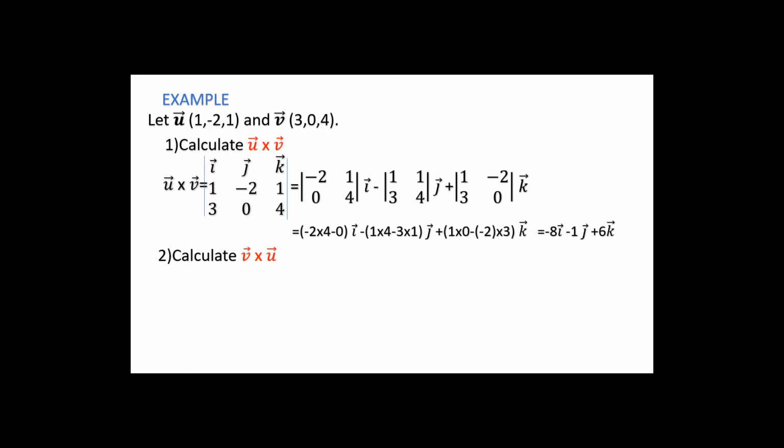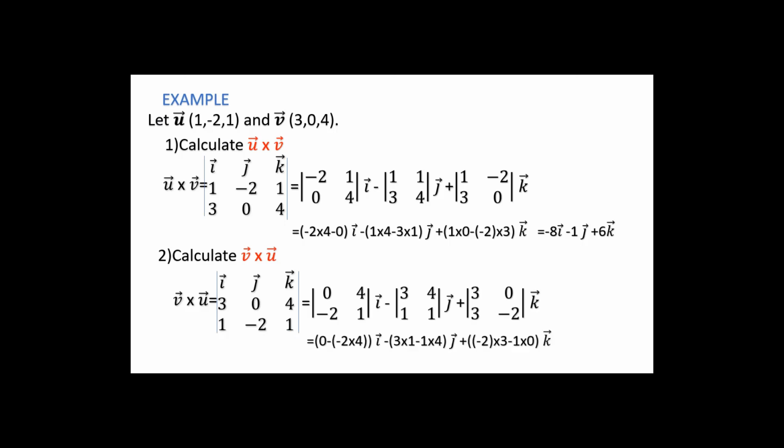Calculate v cross u. So v cross u equals the determinant with vector v 3, 0, 4, vector u 1, minus 2, 1.